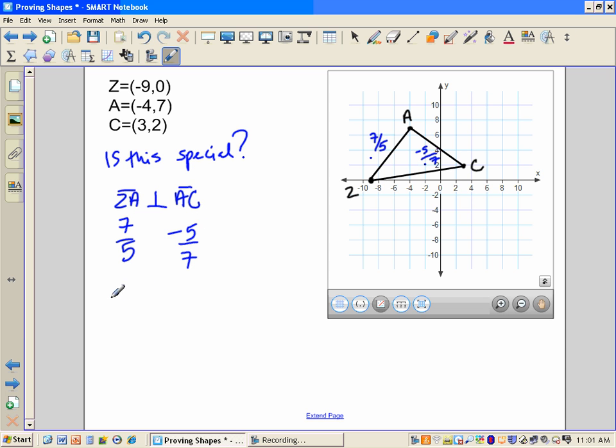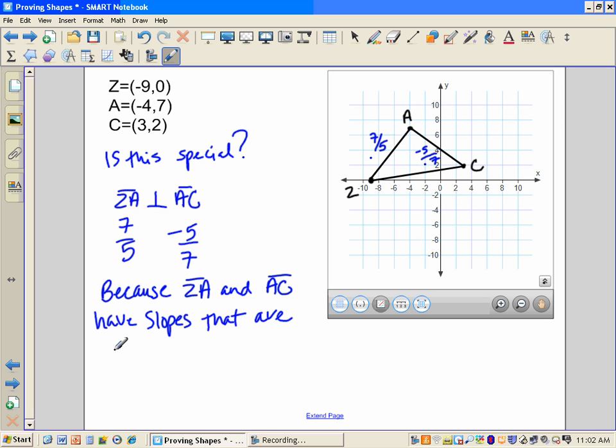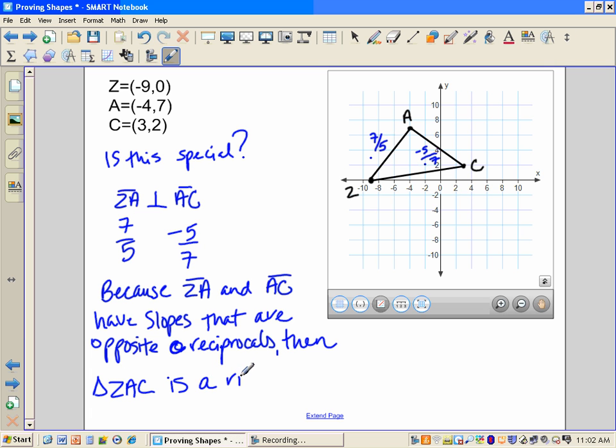So I have proven, so I might say that because ZA and AC have slopes that are opposite reciprocals, then triangle ZAC is a right triangle.